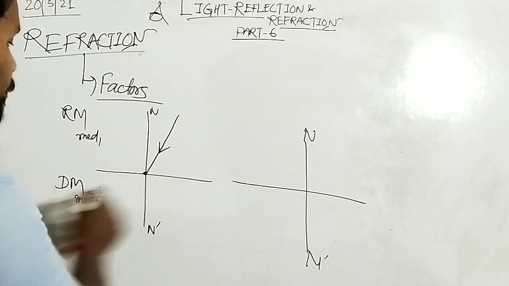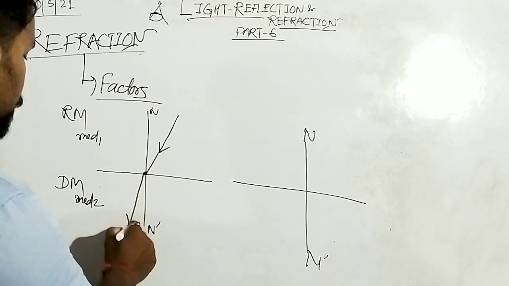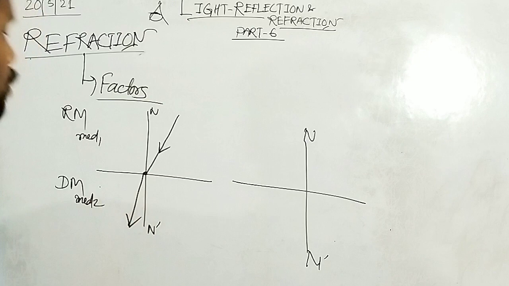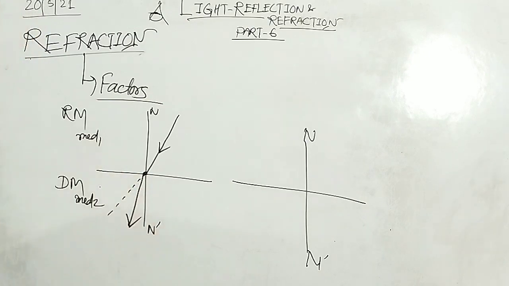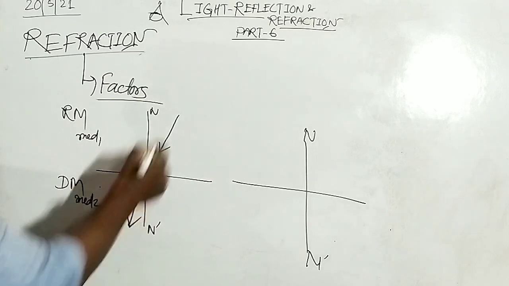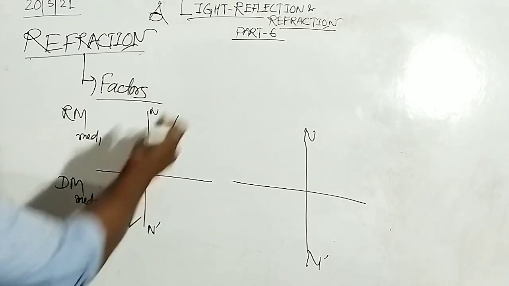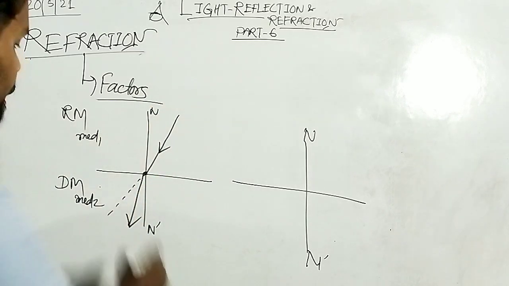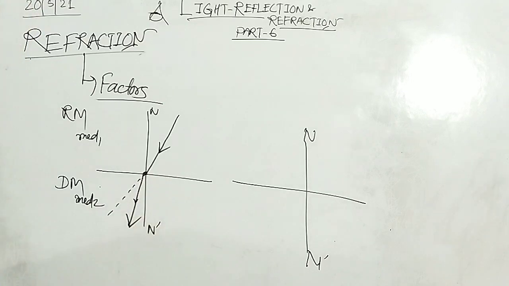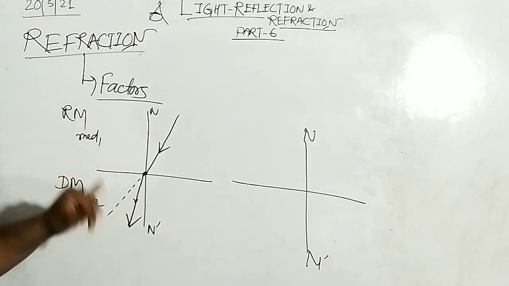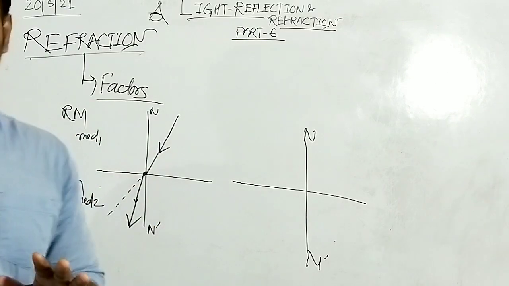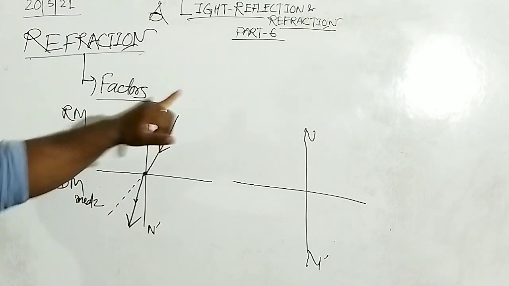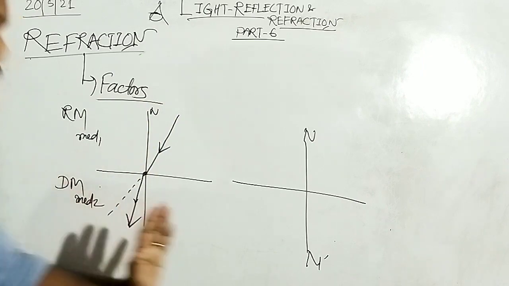This is the denser medium, so it will move towards the normal, and the actual path should look like this. Depending on the rarer and denser medium, it behaves differently. Once it comes from the rarer medium to the denser medium, it moves towards the normal.